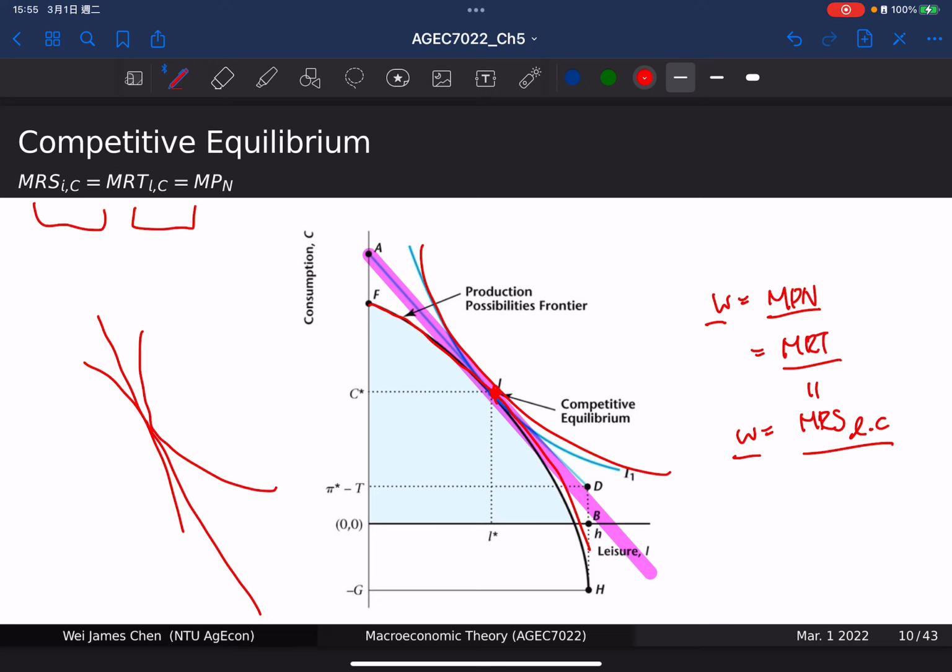So really, if, for example, in the exam or in the homework, you were asked to find a competitive equilibrium, what is the most crucial thing? How much someone produces? How much someone works? Or how many hours he takes as leisure, or how much he consumes?